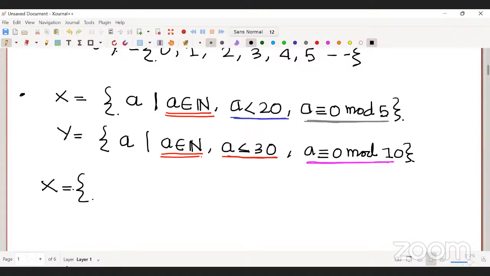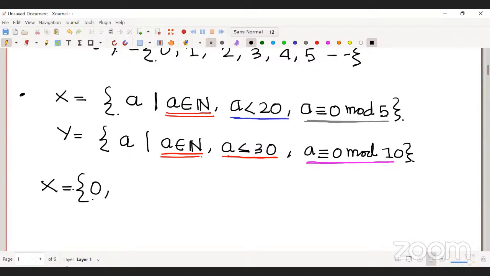Throughout week 1 we have assumed that 0 is a natural number. So 0 is divisible by 5, and 0 is less than 20. So the first element of X is 0.